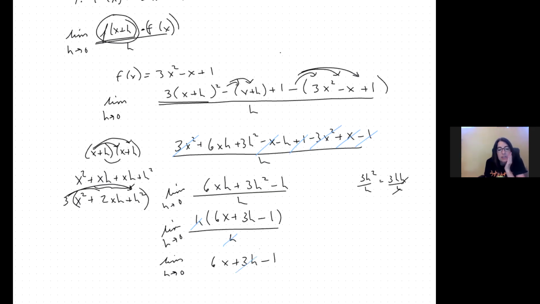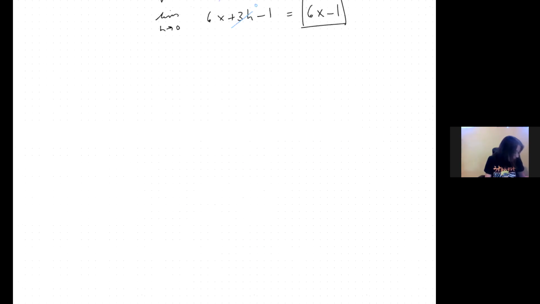And our final answer is just that. And then later, as we do derivatives, we'll learn that's right, because this would get us a 6x and then minus 1. Very good.